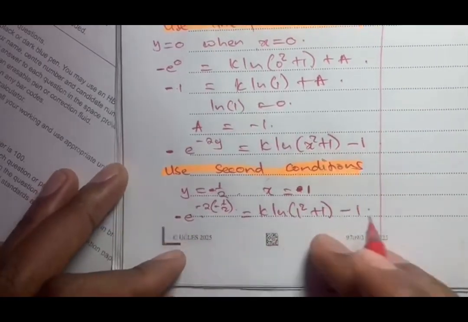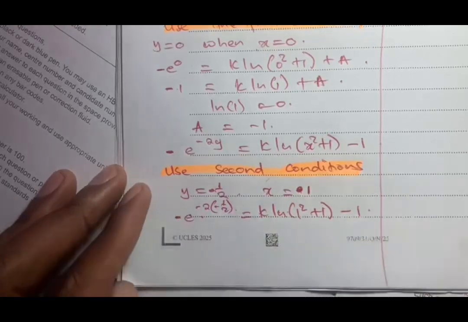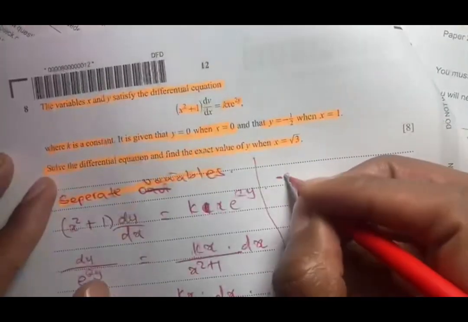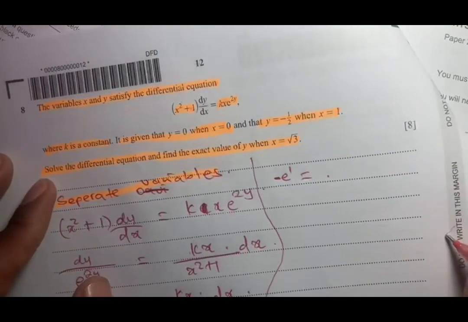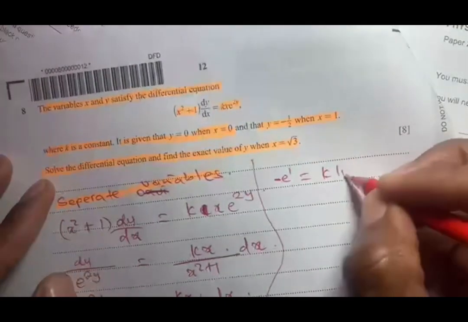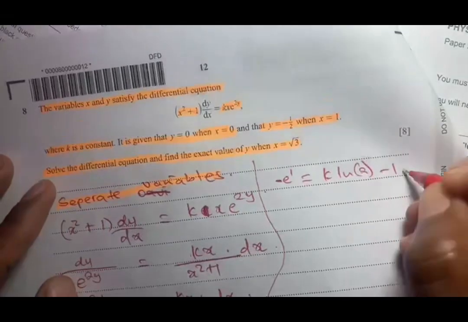If I simplify this, it will give me minus e of 1, which is equivalent to a ln t, because that's 1 plus 1, ln t minus 1.